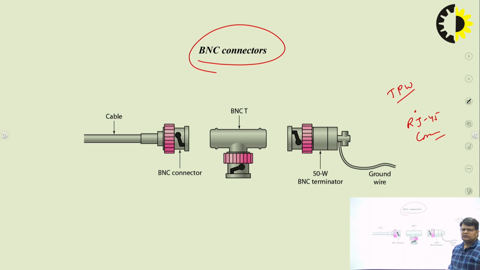Devices communicating using the coaxial cable as a media need to be connected through the BNC connectors. Here we have seen different types of BNC connectors. One may be the connector, another may be used as a terminator. So we can connect the coaxial cable with the help of these BNC connectors.